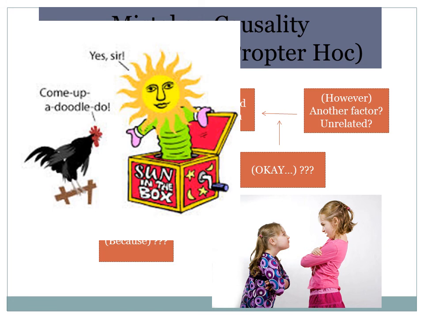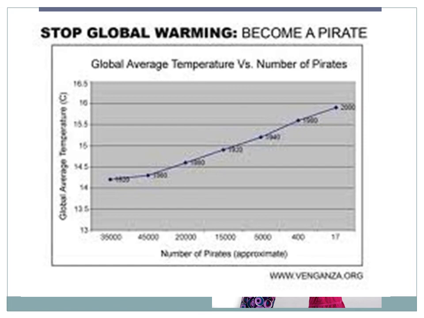Here's a cartoon that illustrates that it might be possible to use mistaken causality to convince yourself that the rooster crowing causes the sun to rise. Also, this graph illustrates that as the number of pirates worldwide has decreased, the global temperature has increased, though clearly the number of pirates does not actually cause the global temperature to change.